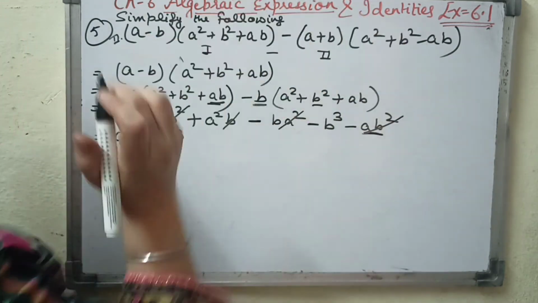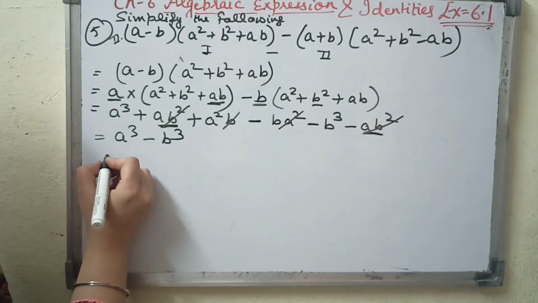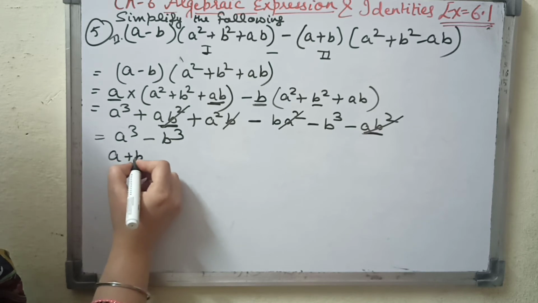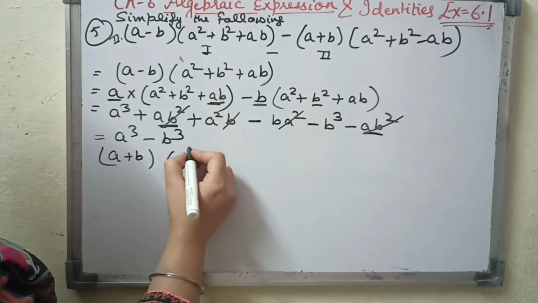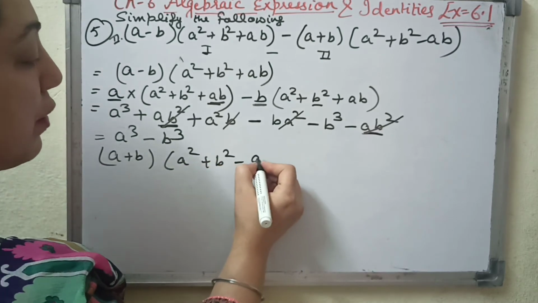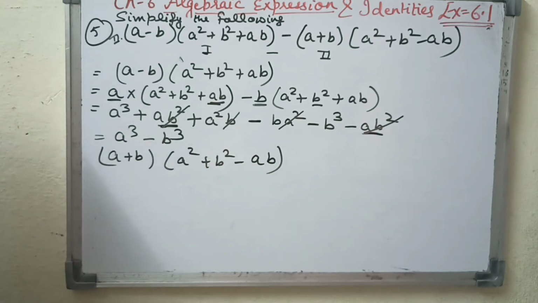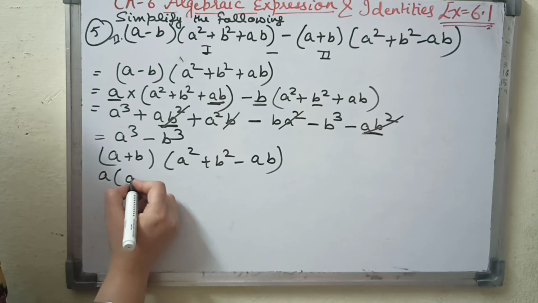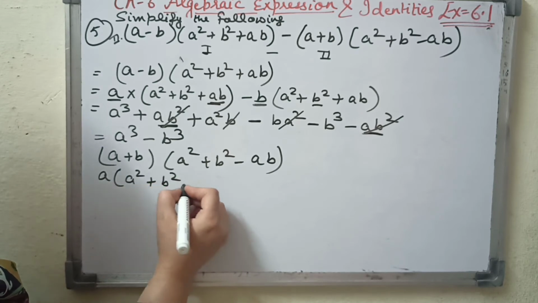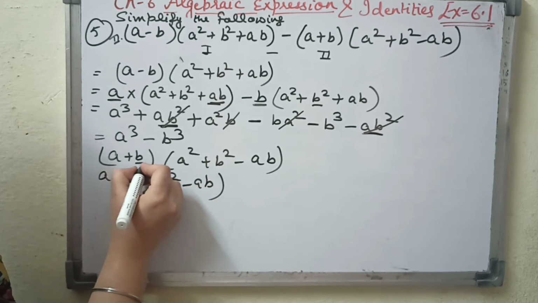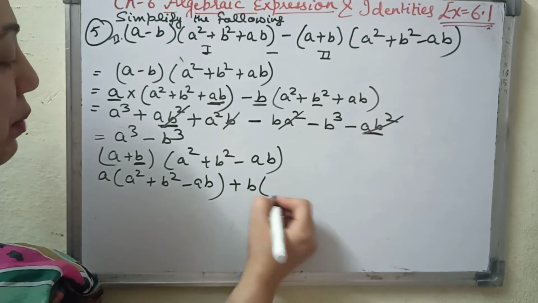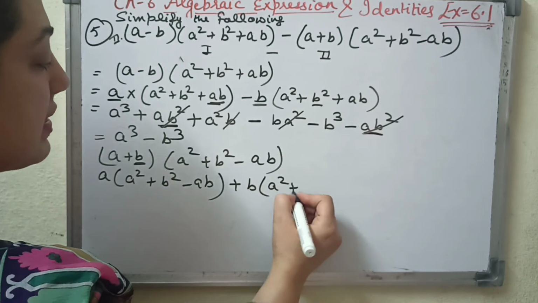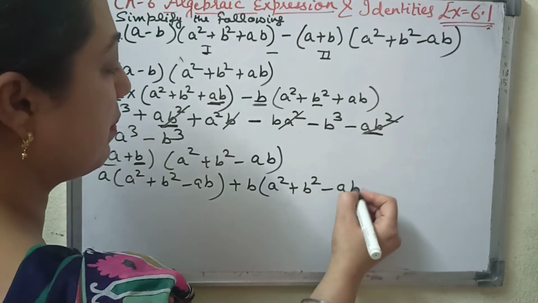Now, take the second term of your given expression, and that is a plus b, a square plus b square minus ab. We again follow the same steps here. A multiply with the whole bracket, a square plus b square minus ab, and the next term is plus b multiply with the whole bracket, a square plus b square minus ab.